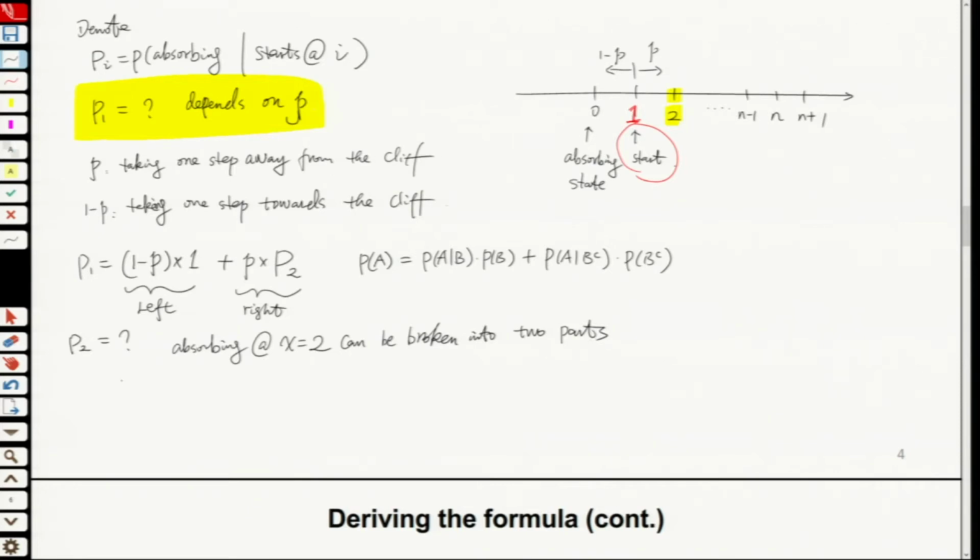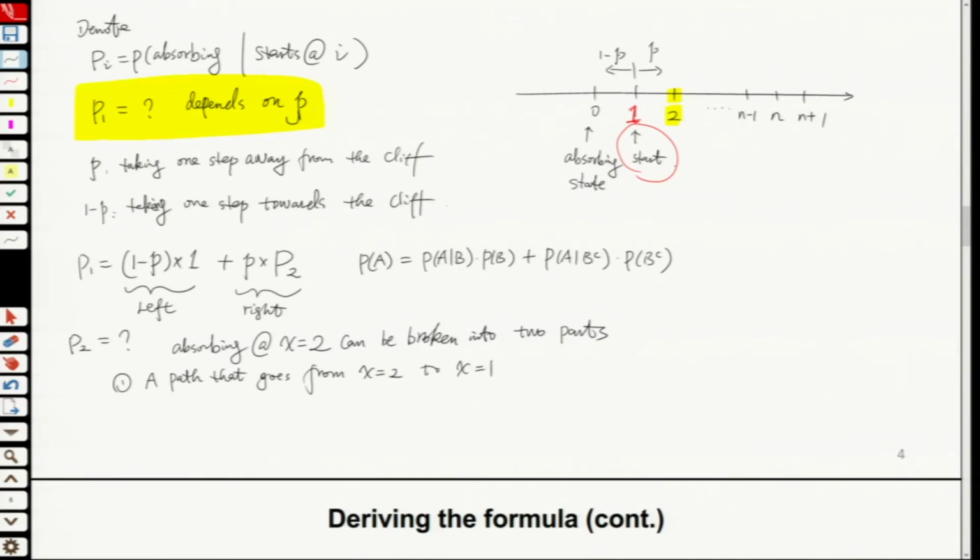What is the first part? First part, obviously, is the path that goes from x equals 2 to x equals 1.